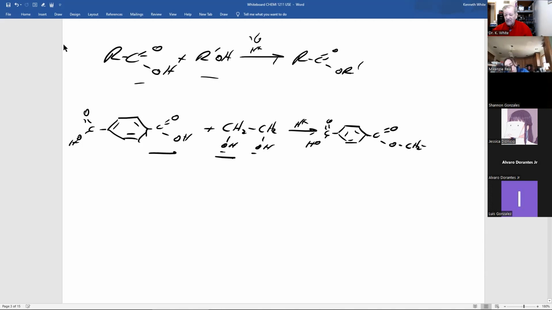Again, you don't have to write this down. I have this new ester right here. But if you look here, I still have an alcohol. On this side, I still have a carboxylic acid. So I could react this with more terephthalic acid.